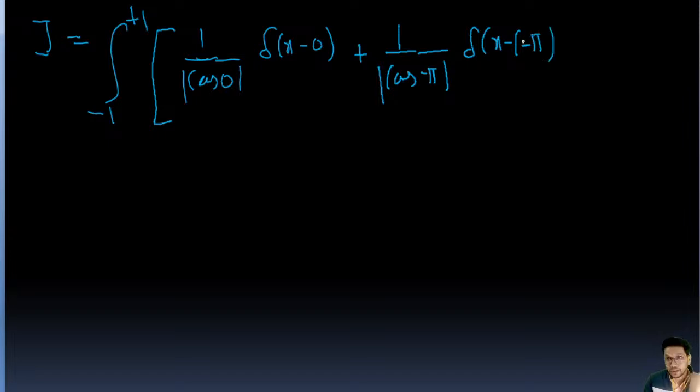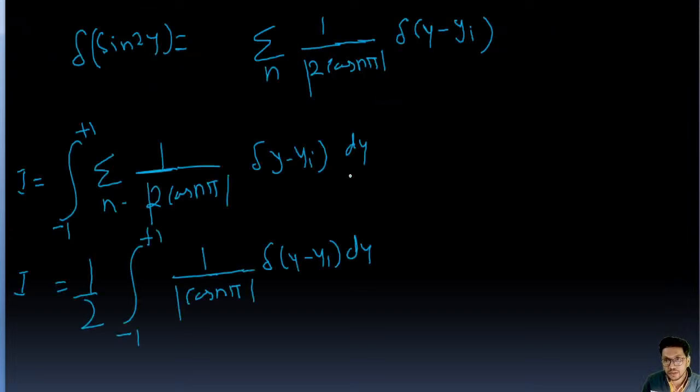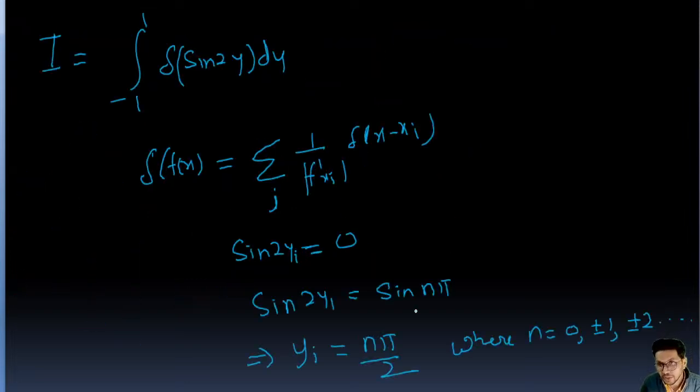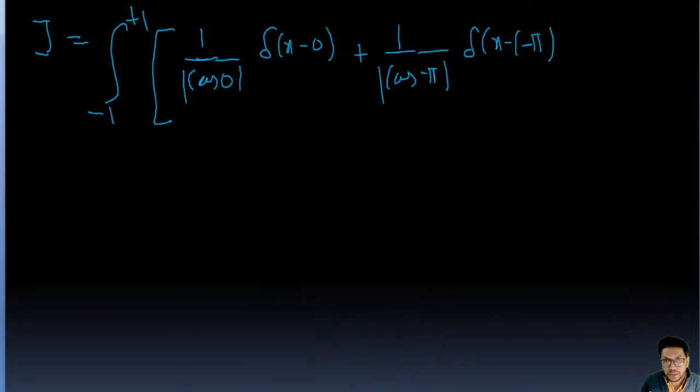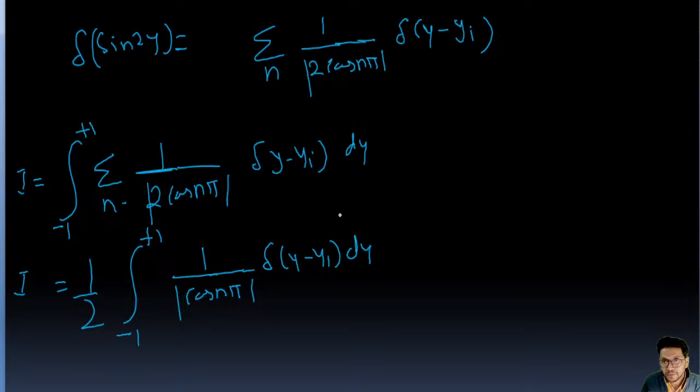Okay, and here just wait, the value of yi is n pi by 2. Yeah, this is n pi by 2. So yi in place of this, n pi by 2, we are going to write y is n pi by 2. Here it became n pi because 2 into n pi by 2, the 2 gets cancelled, right?